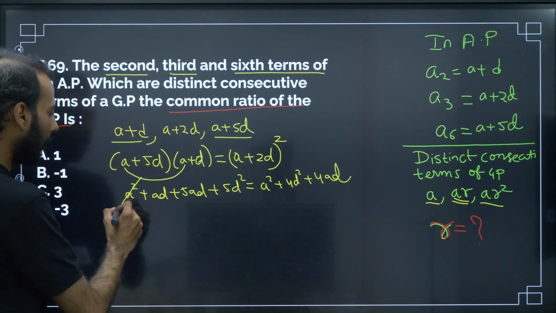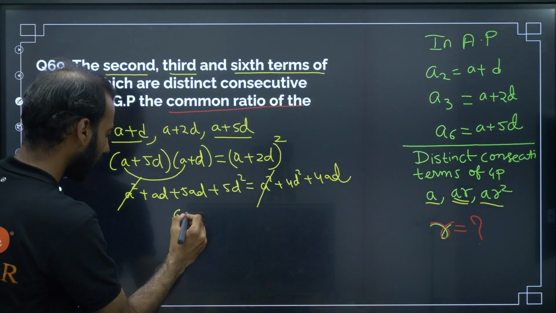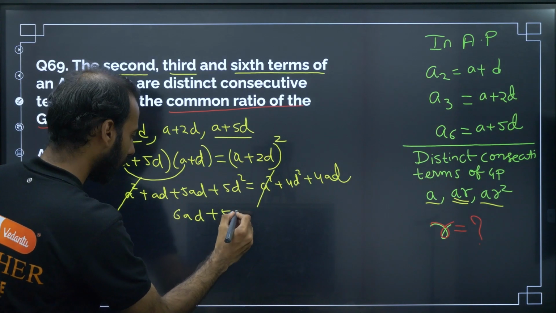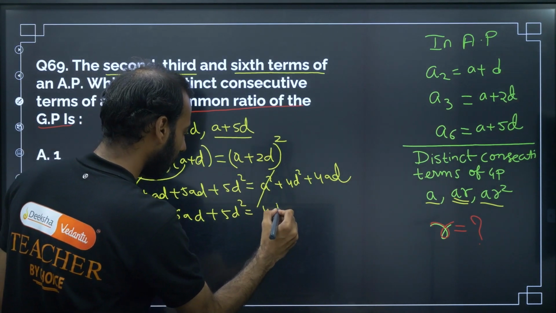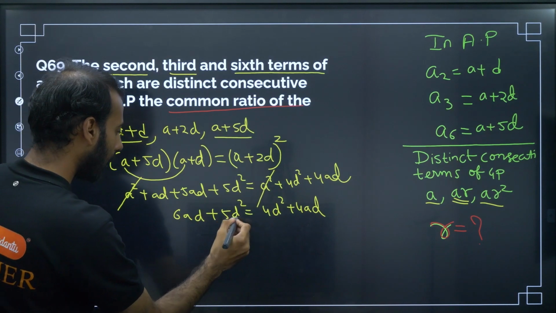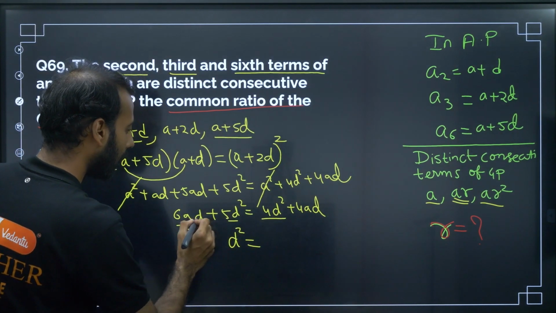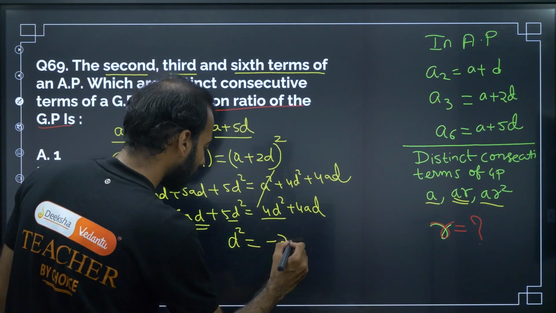Now a square I am removing, 6ad plus 5d square is equal to 4d square, so d square is equal to 6ad plus 4ad is minus 2ad.